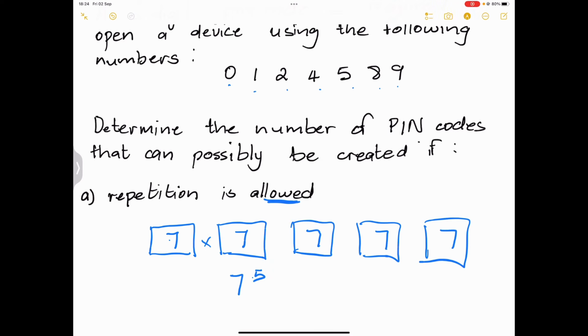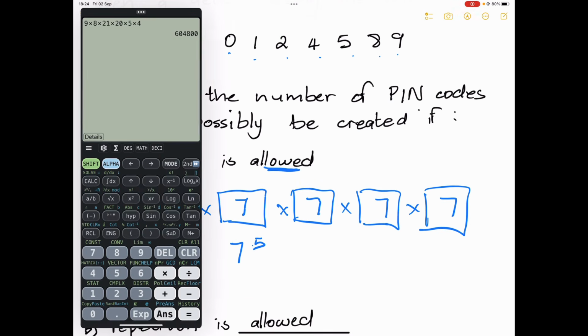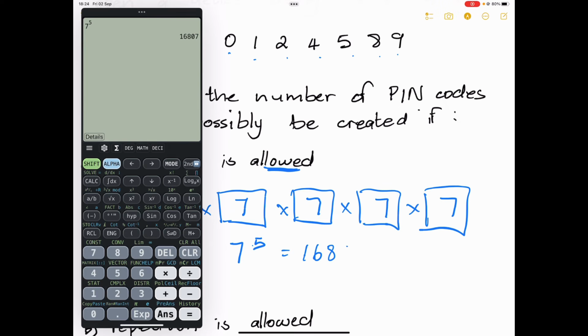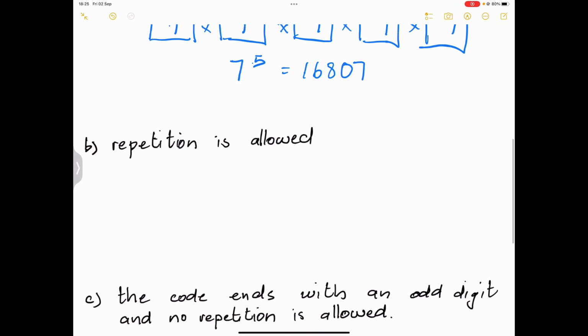This is when repetition is allowed. If you say 7 to the power of 5, 7 y^x 5, I get 16,807.